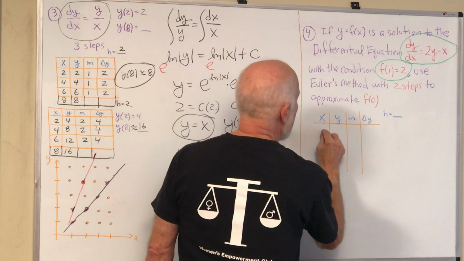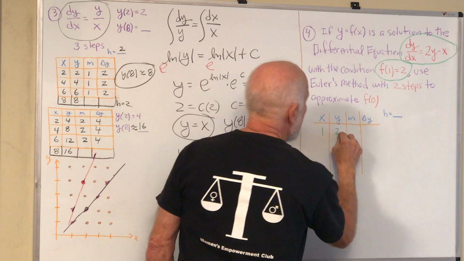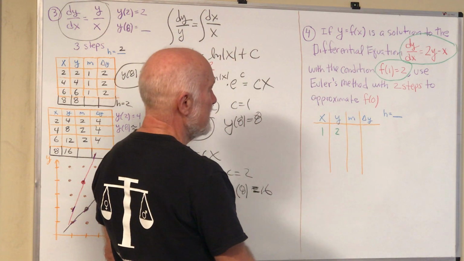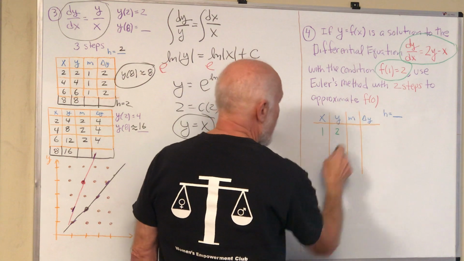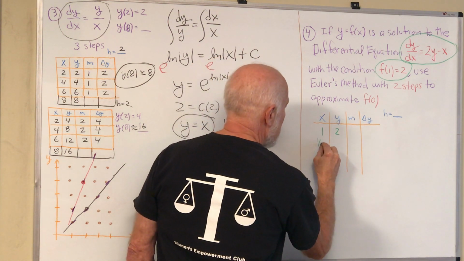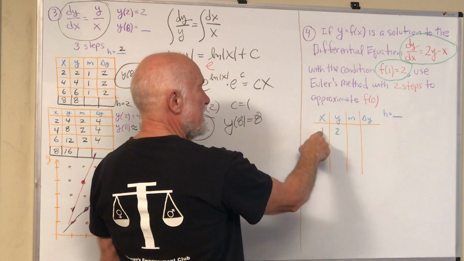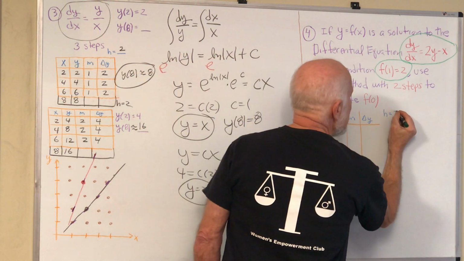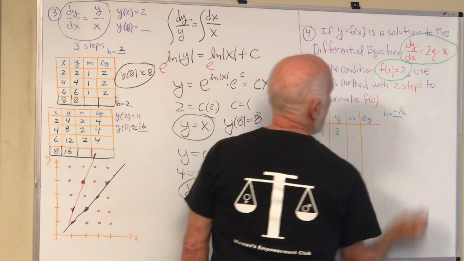Well, we know that f of 1 equals 2. And we want to find f of 0 in 2 steps. So what we're going to have to do is let the change in x be negative 1/2.